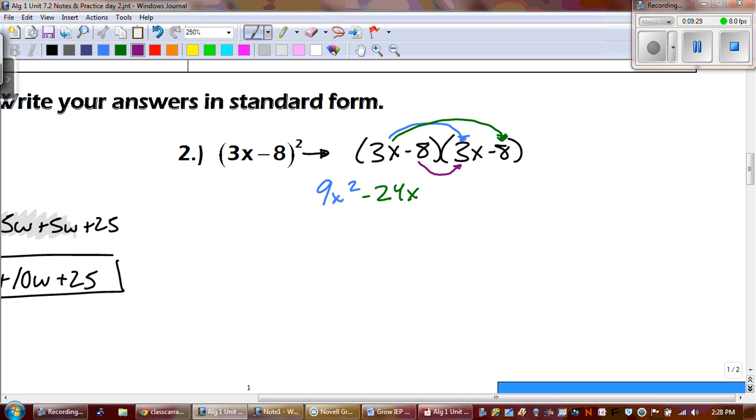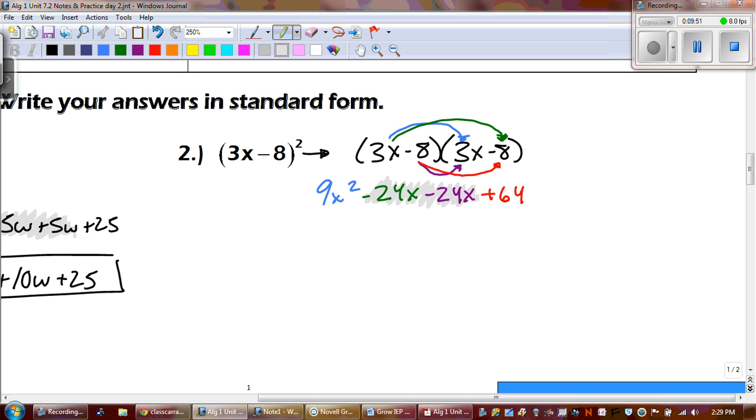Remember, that's a negative 8 times 3 is negative 24x. And then negative 8 times negative 8 is a positive 64. Okay?